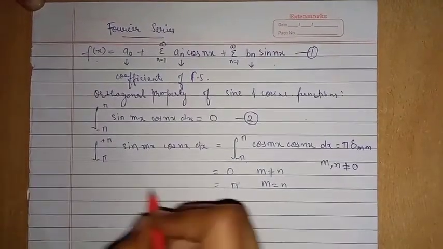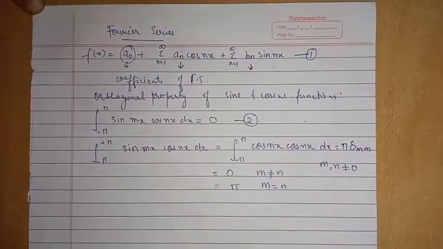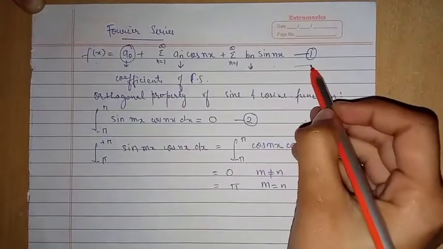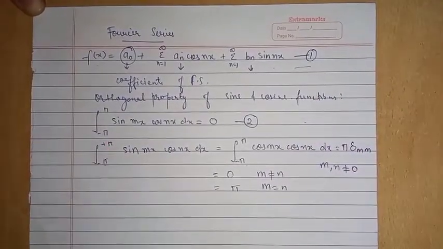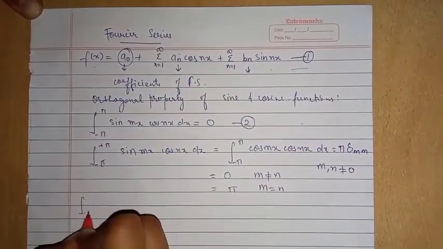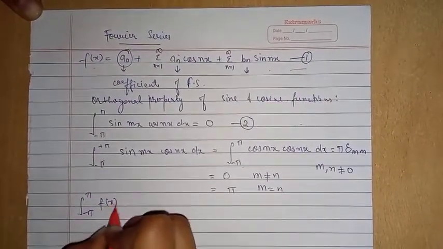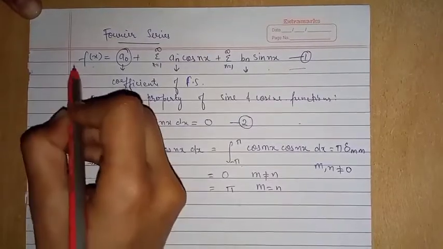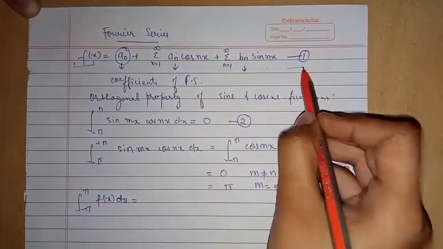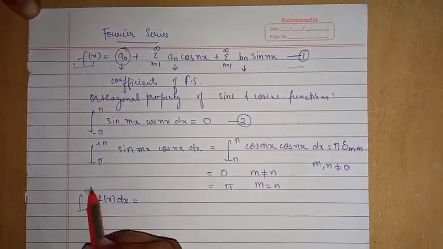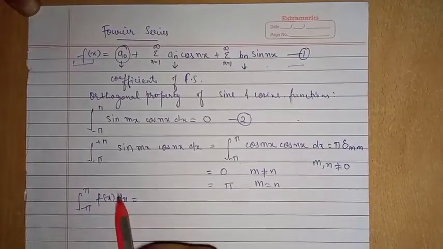Now to evaluate a0, we will integrate equation 1 between the limits minus pi to pi. So equation 1 becomes the integral from minus pi to plus pi of f(x) dx. We have integrated this part of equation 1, so it will become the integral from minus pi to pi of f(x) dx.